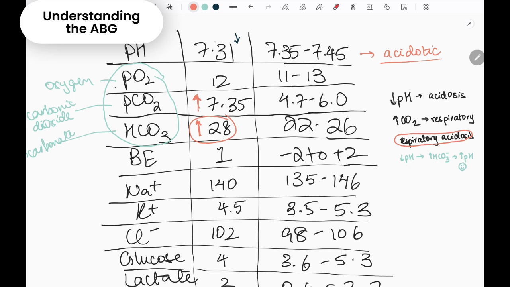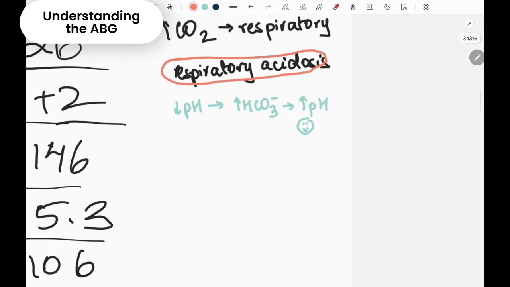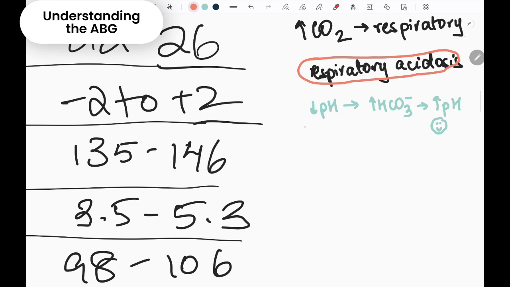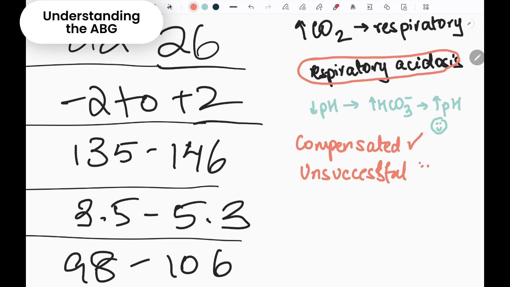In this case, it's not, because the pH is still down. So we can say that because it has compensated, or it's trying to, but it is unsuccessful, we say that this is a partial metabolic, because it is to do with the kidneys, compensation.